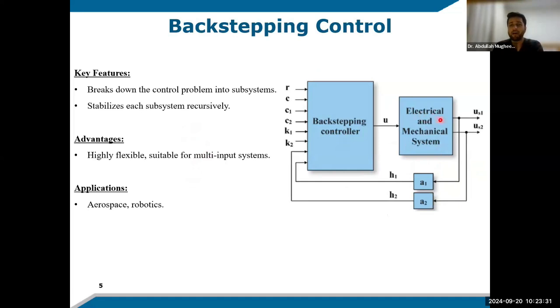We have some electrical or mechanical system, and we get some information from that system and give it to the controller, and the controller has some of its own parameters. Every controller is a mathematical equation. That mathematical equation computes a decision based on the information from the system and based on its own theory and design. It gives the signal to the system, and the system works in accordance with that.